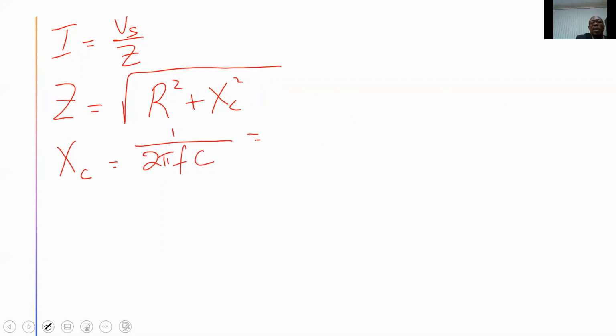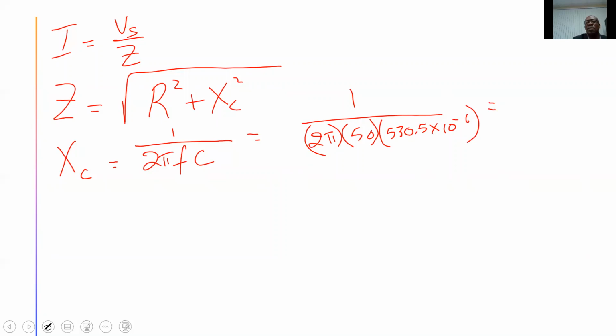That's 1 divided by 2 pi times 50 times 530.5 times 10 to the minus 6. And that is equal to, we punch that in, okay, and that is equal to 6 ohms.